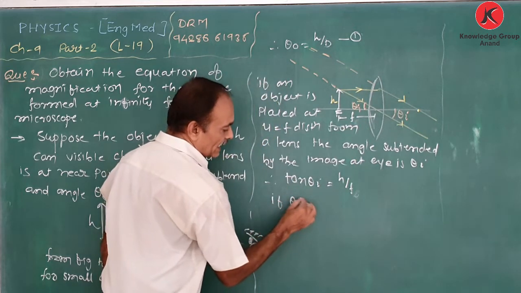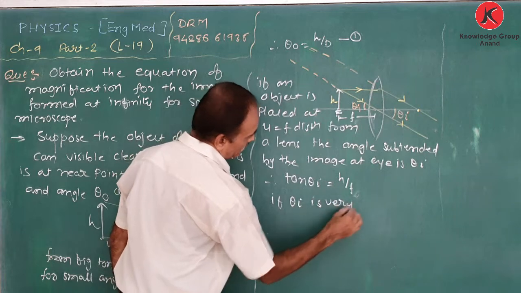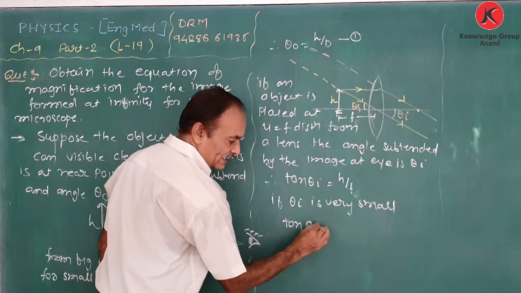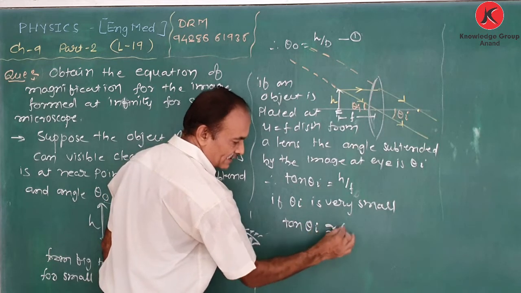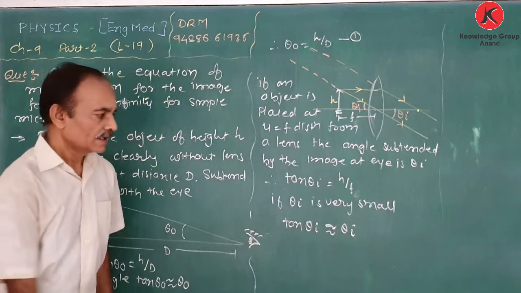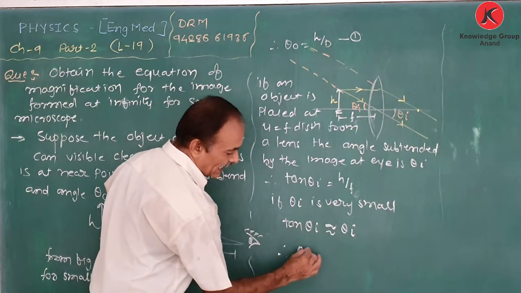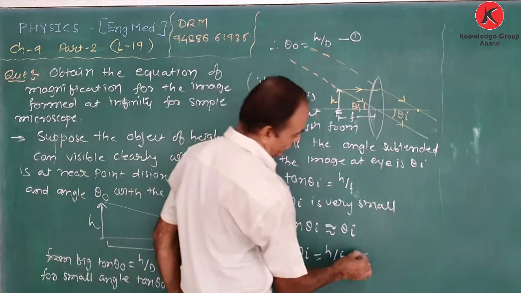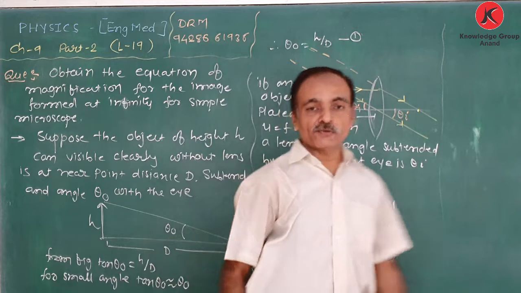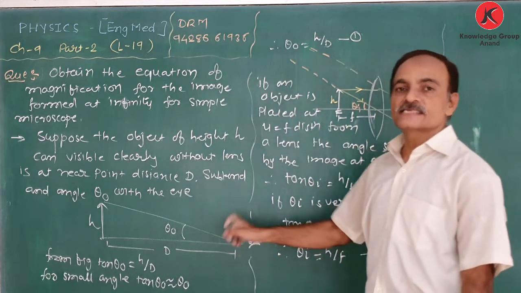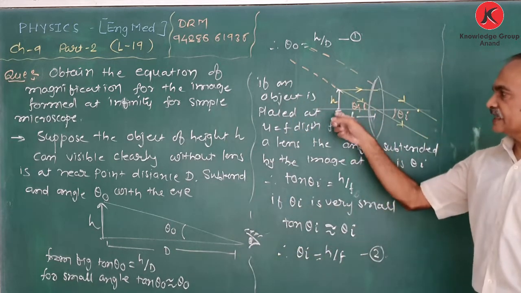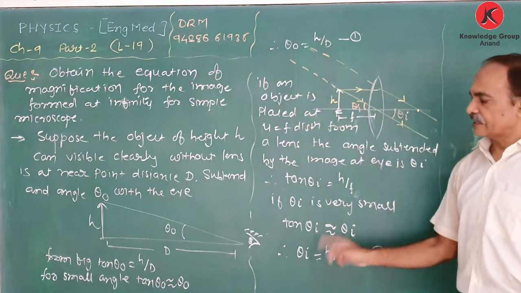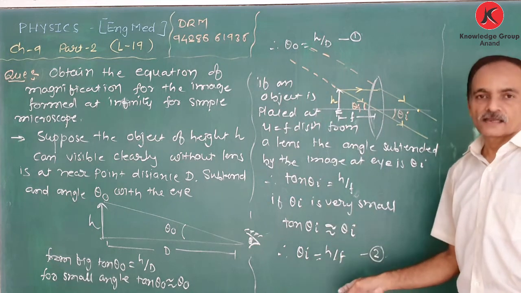If theta I is very small, we can take tan theta I approximately theta I. Therefore theta I is equal to h upon f, equation 2. Thus, by two different methods, first without lens and second with lens, placing the object at principal focus so its image is formed at infinite distance, we obtain the equations of the angles.